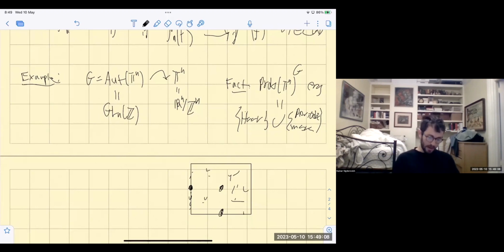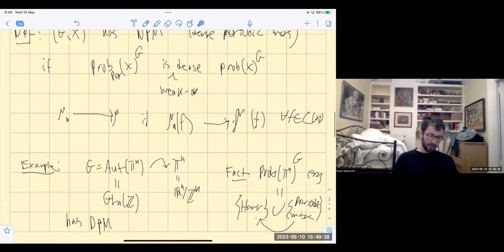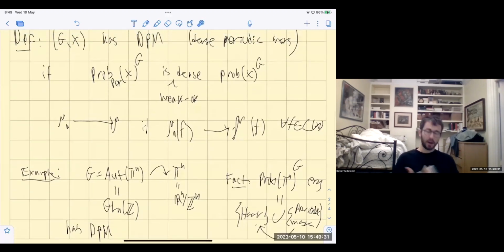And in particular, this is an accumulation point. The Haar measure, you can approximate it by those periodic measures, just taking more complicated periodic measures. So this is an example where we have dense periodic measures. Again, when you want to check if you have dense periodic measures, it is enough to consider only ergodic measures, to show that any ergodic measure can be approximated by periodic measures.